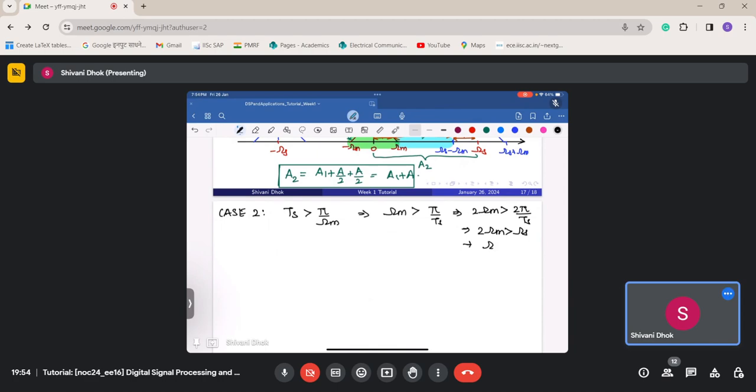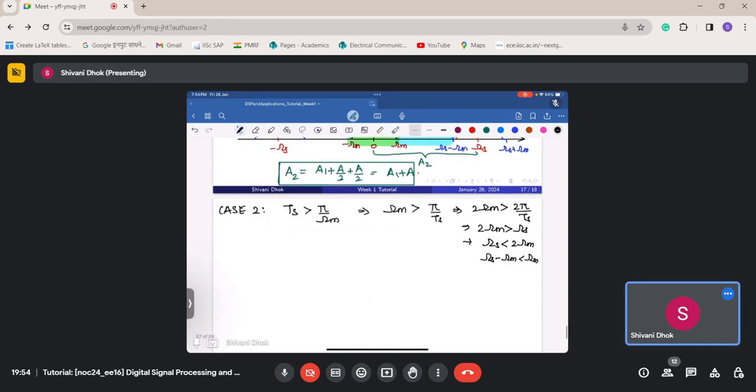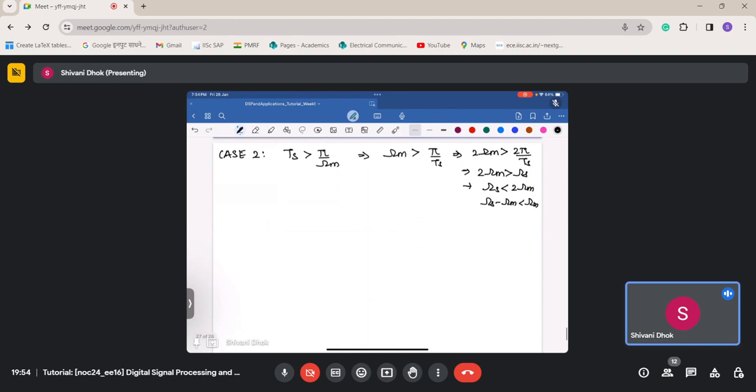That is, omega s is less than 2 times omega m, or omega s minus omega m is less than omega m. So this is the condition that we are given here.